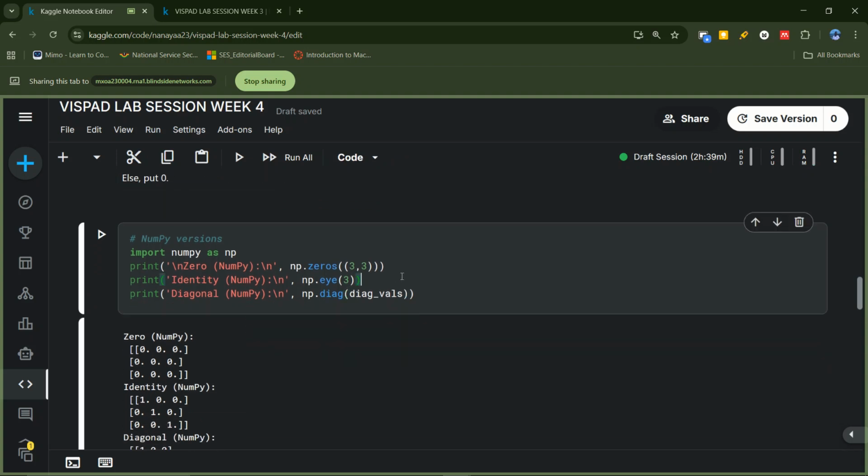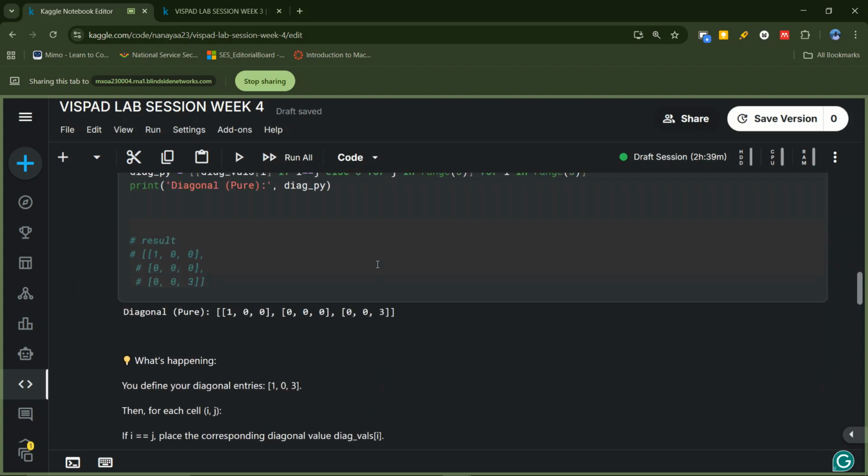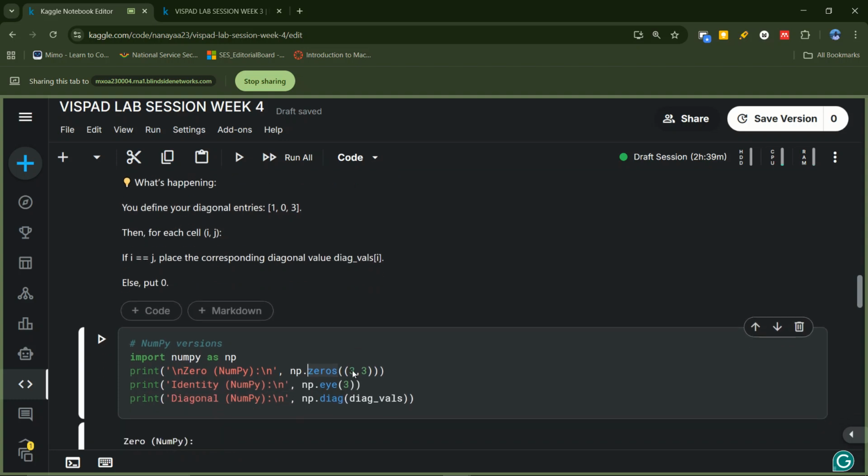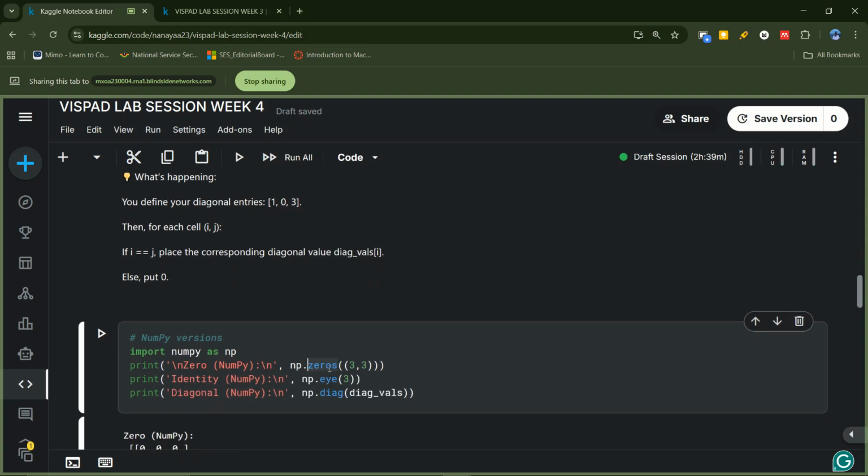Okay, so this is NumPy. NumPy makes life easier. NumPy is saying instead of writing all these, just type np.zeros((3, 3)), 3 columns, 3 rows. Then identity, np.eye, that is NumPy's own way of creating identity matrices.